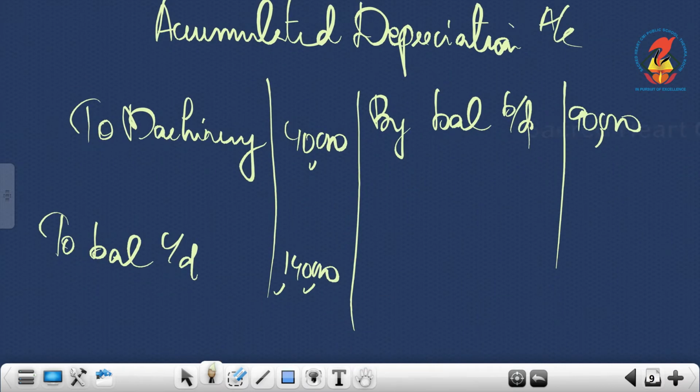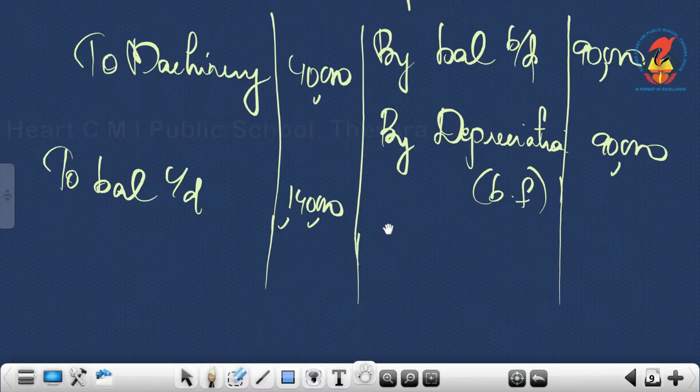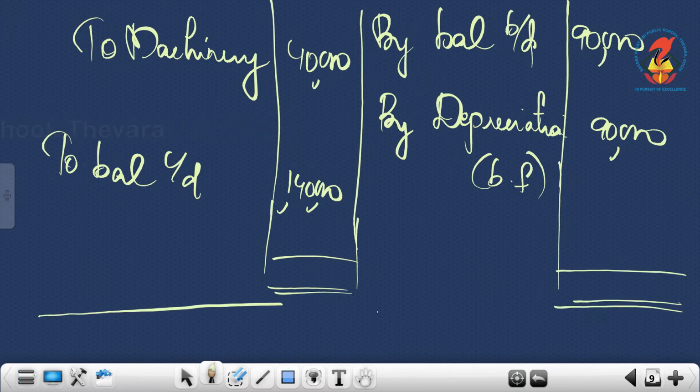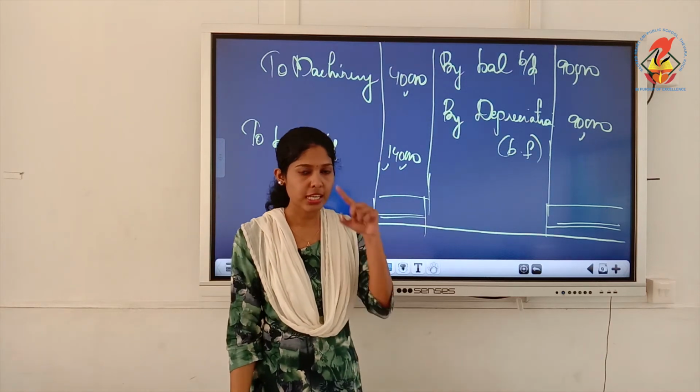Now just find the balancing figure. So the total is 1,80,000, so 90,000, which we will write as by depreciation. By depreciation 90,000, this is what we have to add back with that net profit.